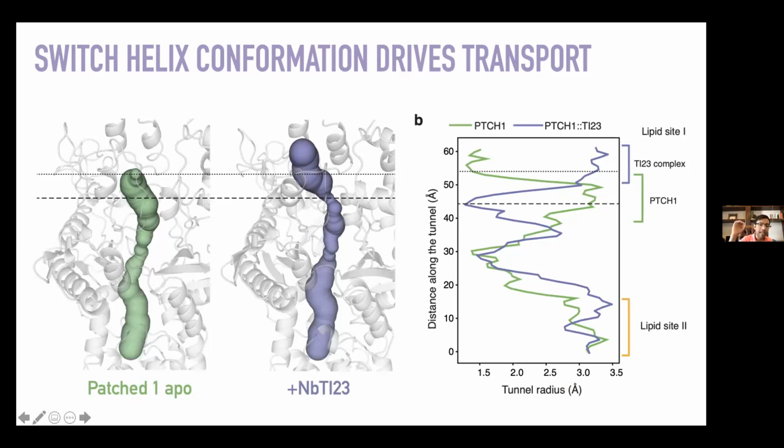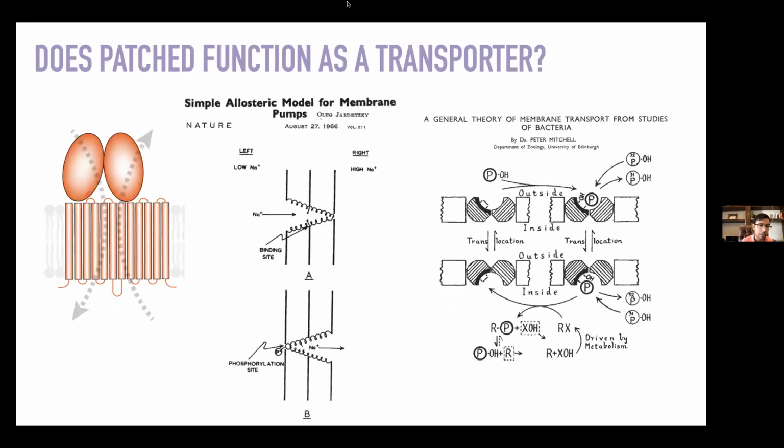So even in the absence of that long lipidic tail of Hedgehog, this nanobody, by stabilizing a conformation of Patched in this region, is able to inactivate Patched and turn the pathway on, which suggests even more strongly that Patched functions primarily as a transporter, and simply by changing the conformational ensemble of Patched, one is able to influence its activity and thereby influence pathway activity.